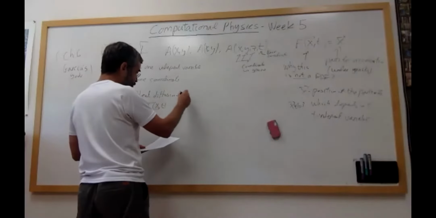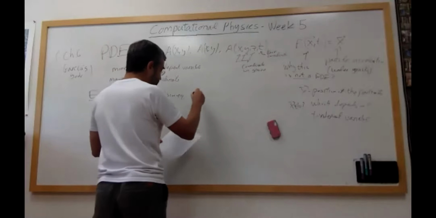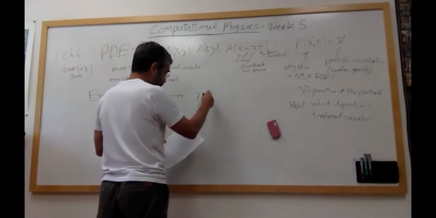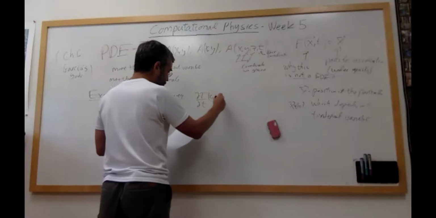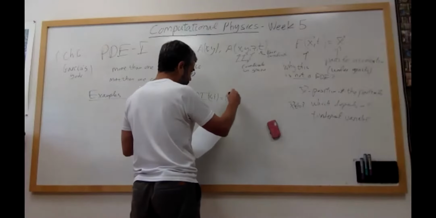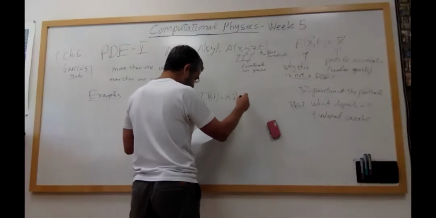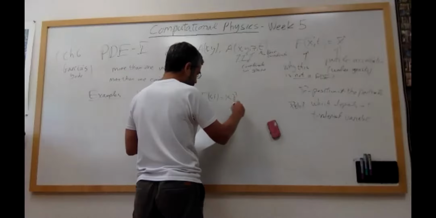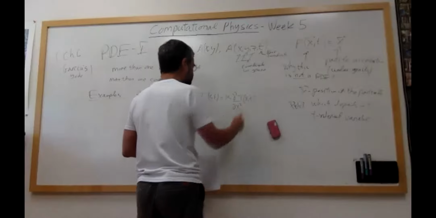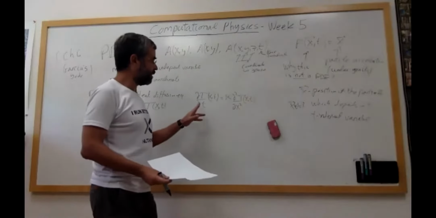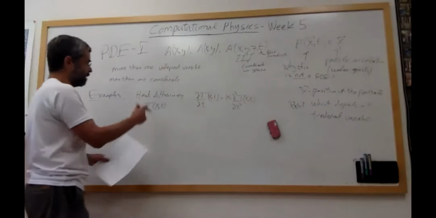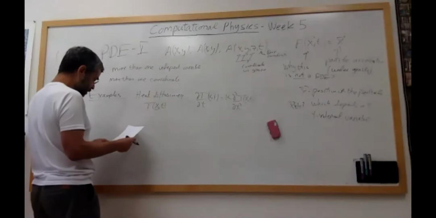And the heat diffusion equation tells us that the time derivative of the temperature, which is a function of position and time, is the Laplacian of the temperature. So in 1D, it's the second derivative in x of T of x and t. So we have two coordinates, both position and time, and this is the heat diffusion equation.